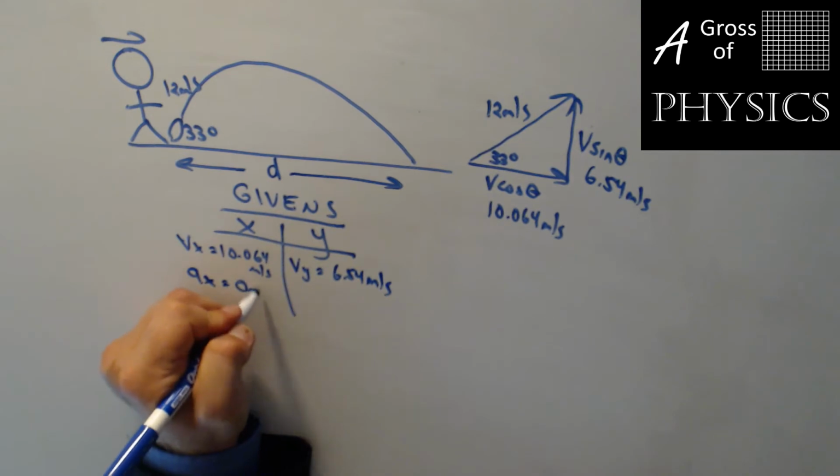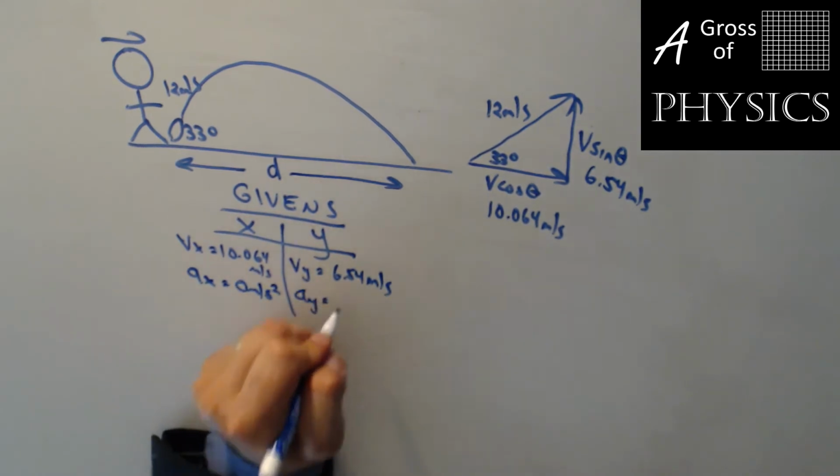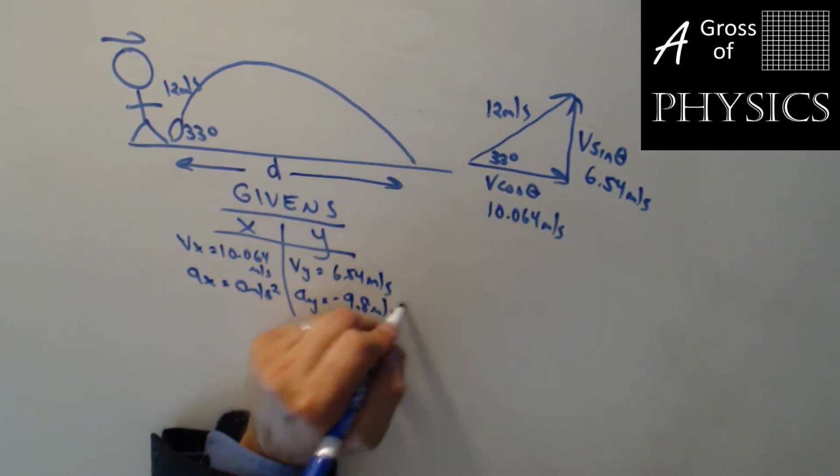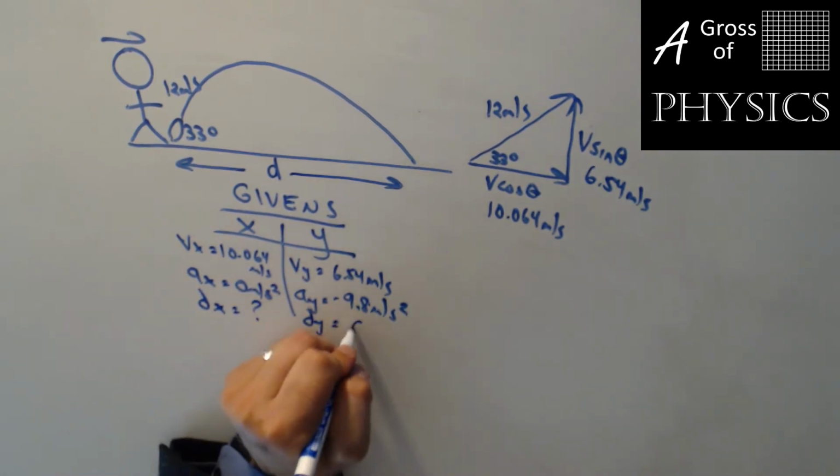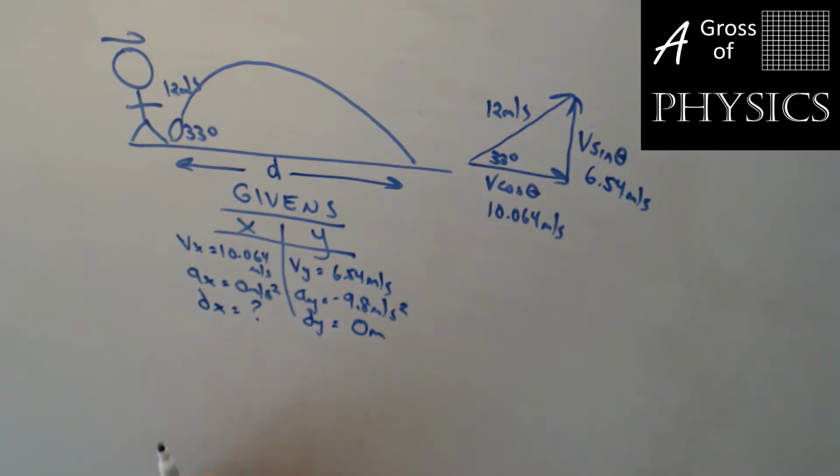Ax still 0, Ay still negative 9.8, dx is what we're looking for, and dy is 0, lands at the same height. So in the y direction, where I know more information, I'll find time, and I'll substitute that into the x direction.